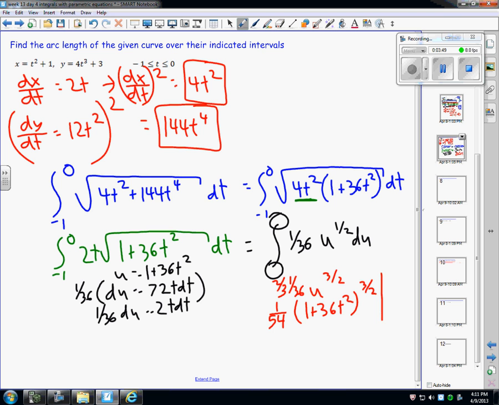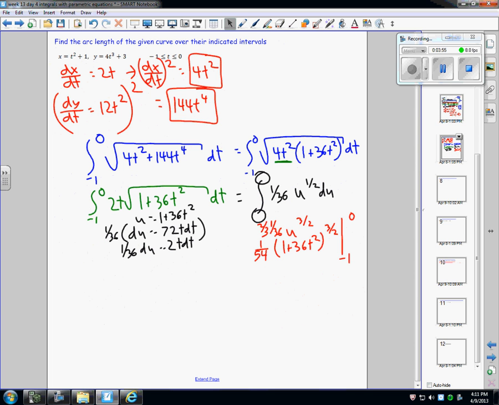Now I can say evaluated from -1 to 0. And when I do that, I know it's going to manipulate out to 1 over 54. Let's see, 1, 0, 1 to the 3/2 minus, let's see, plug in -1. -1 is 36, 37 to the 3/2.